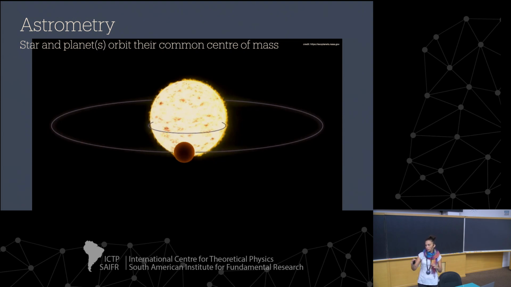And then depending on the range of mass, you can say it's a super Earth, a Jupiter-mass-like planet, and so on. So you use both methods to trace down which kind of thing is occulting.